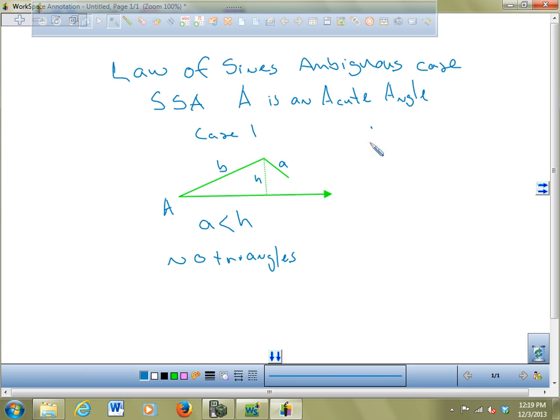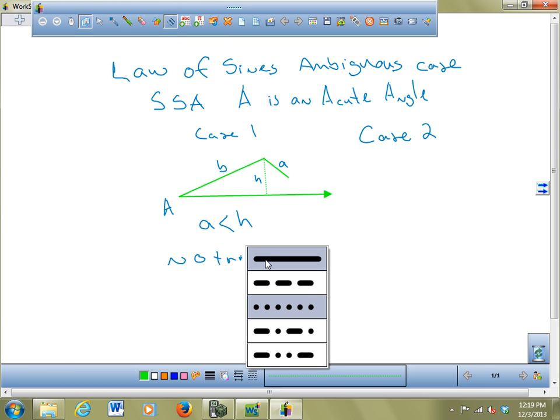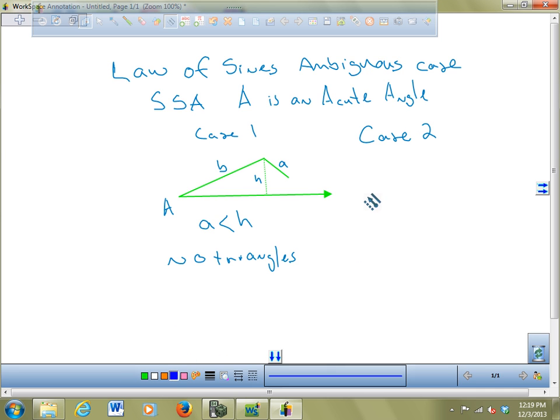So case 2 is going to be if A equals H. So if A equals H, then I would have, so I don't want that dotted again. I want that to be a solid line. Let's make it a different color. Here's another side over here.